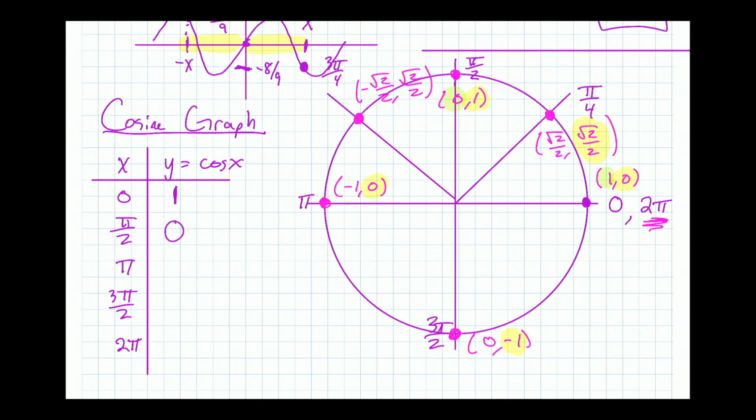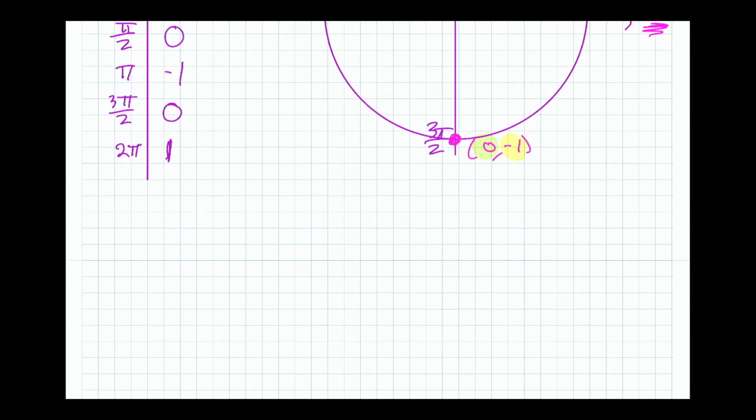Just highlighted it in green. Then we jump to pi, so the x value is going to be minus 1. Keep going, we get to 0, and if we go all the way around the circle, we get back to that 1. And so we get these values. Okay? So now let's graph that between 0 and 2 pi.